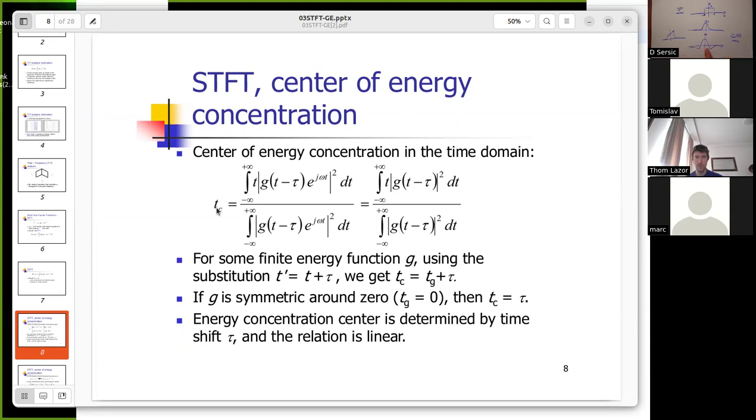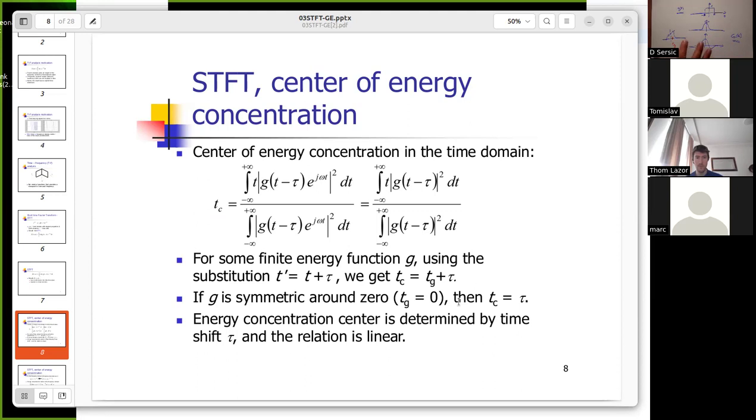If you choose symmetric functions, then the center will be 0. But if it's not symmetric, like here, the center will be somewhere else, for example here, and that will not be 0. What happens when you move it to the left and to the right, because we have that shift tau in our calculation, so it moves to the left or to the right, depending on the value of tau.